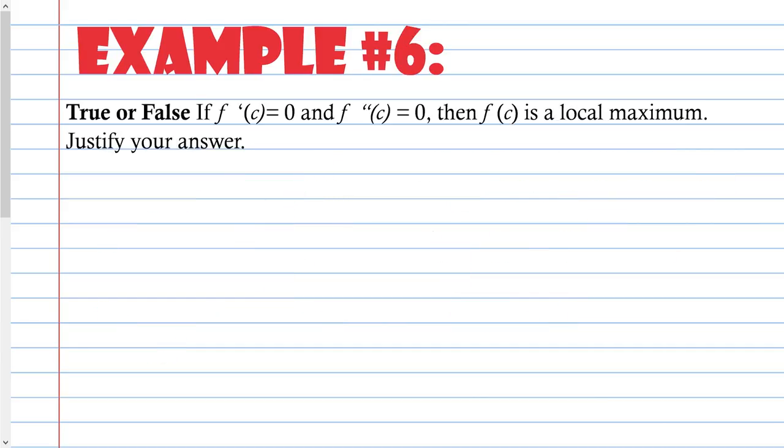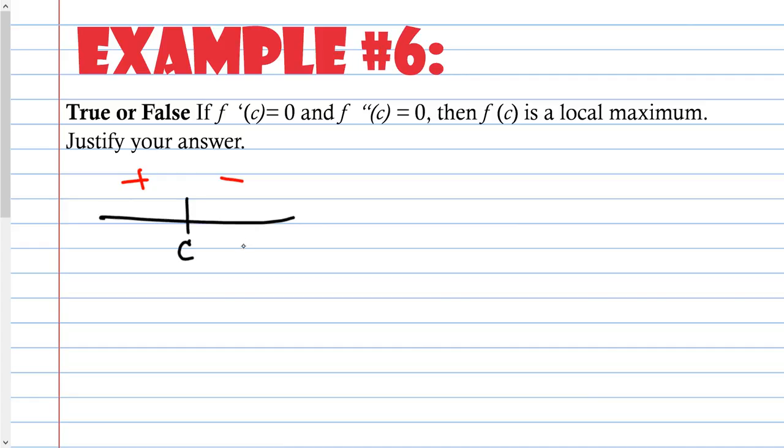Alright, example 6. True or false? If f prime of c equals 0 and f double prime of c equals 0, then f of c is a local maximum. Justify your answer. Alright, f of c. So let's say we were doing the first derivative test, right? This is c. First derivative test is supposed to tell us plus or minus.